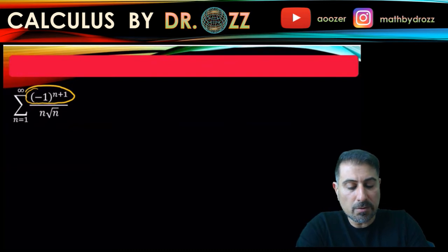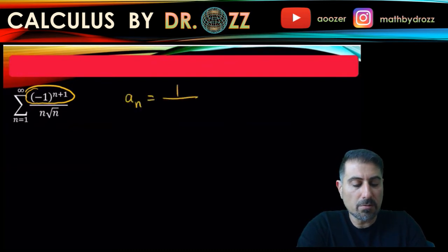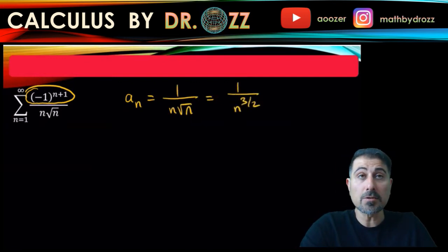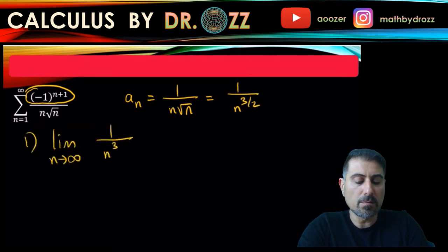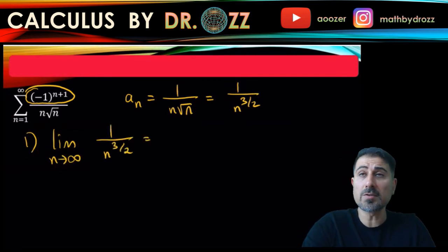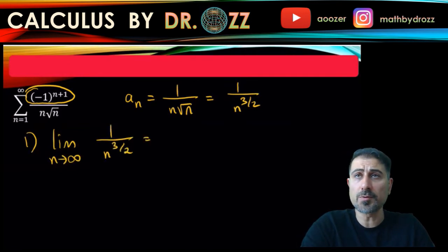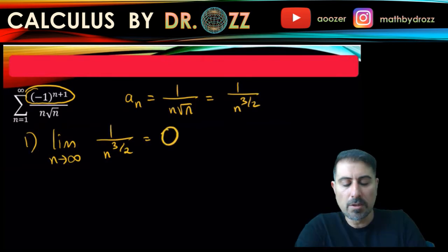Let me isolate the alternating part, which essentially means that we have n to the power of 3/2. We have two conditions to show. One is that the limit of an is 0, which is the case because the top is a constant and the bottom is approaching infinity. There we go, this is 0.